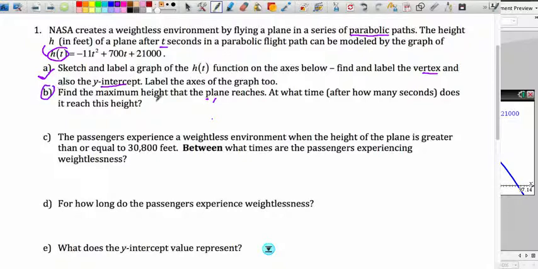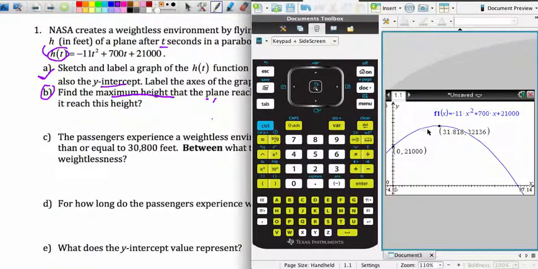Okay, now part B, we need to find the maximum height that the plane reaches and at what time, after how many seconds does it reach this. Hopefully what you realize from this is actually something that we've just found. The vertex can give me the answer to both of these questions. The vertex is the point at which the graph turns. It is the maximum.